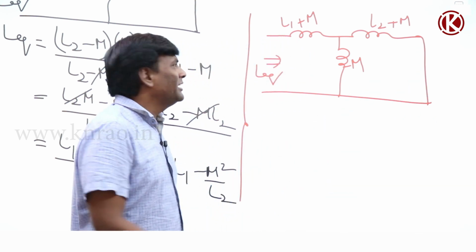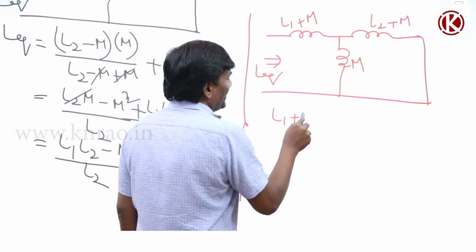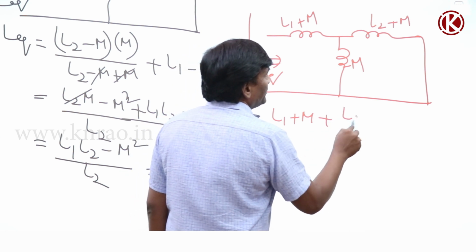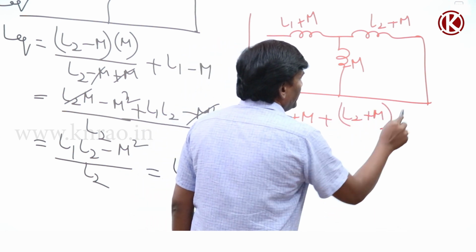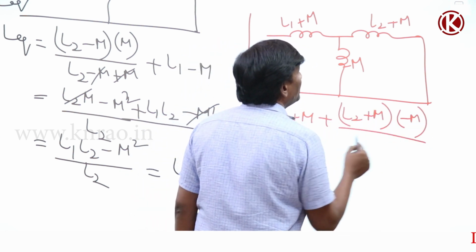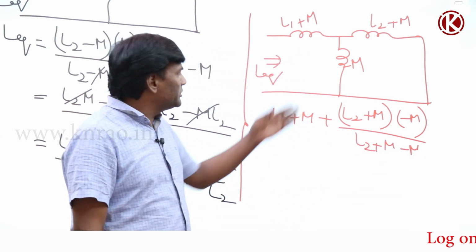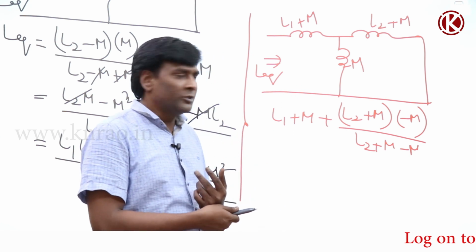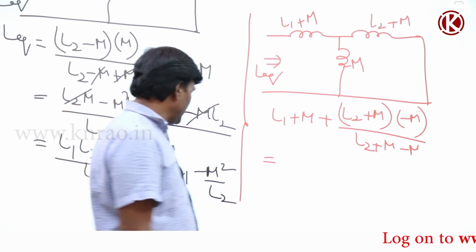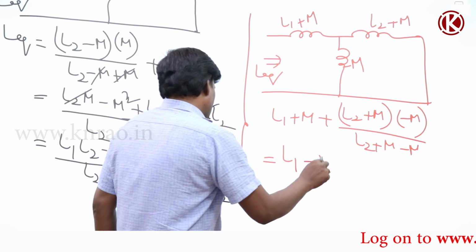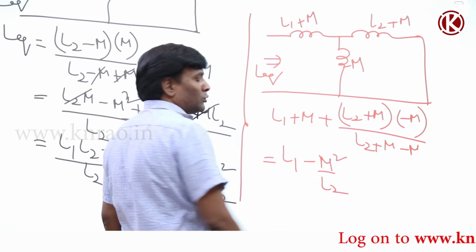Same procedure: L1 plus M plus L2 plus M into minus M divided by L2 plus M minus M, Z1 Z2 by Z1 plus Z2. If you do this, you will get the same answer as L1 minus M square by L2.